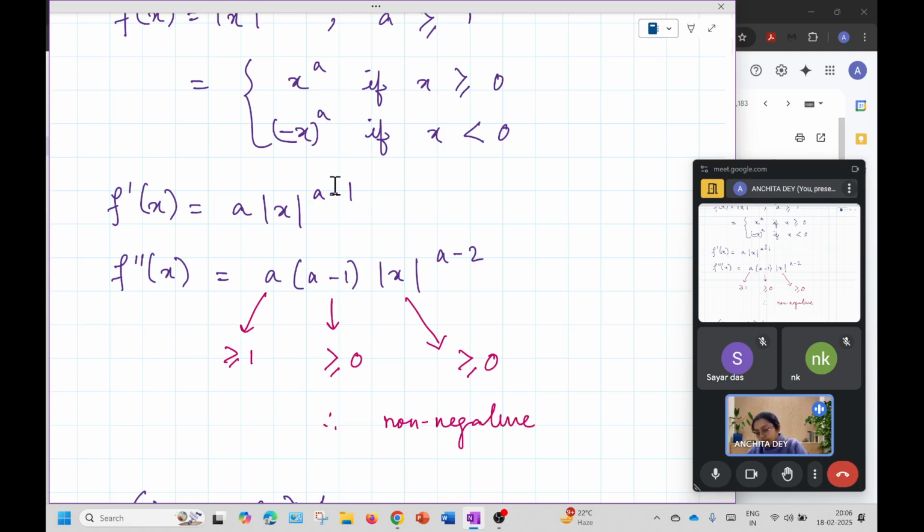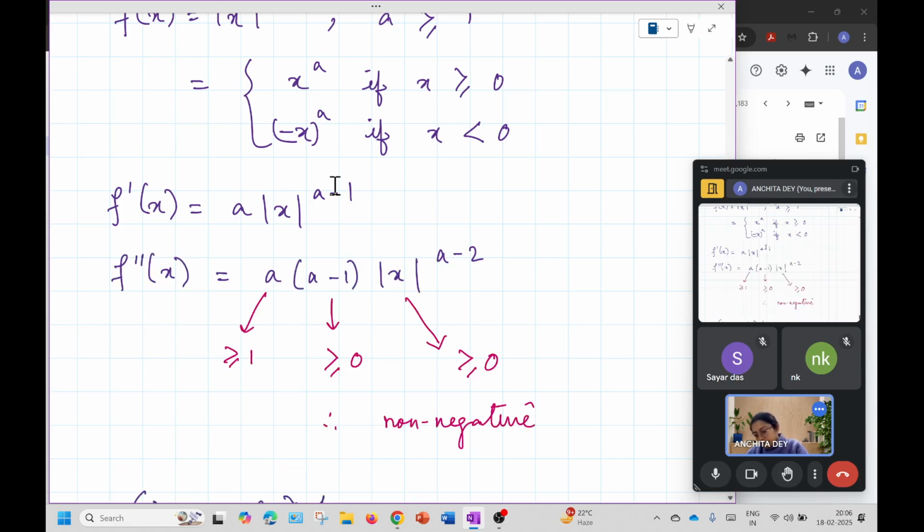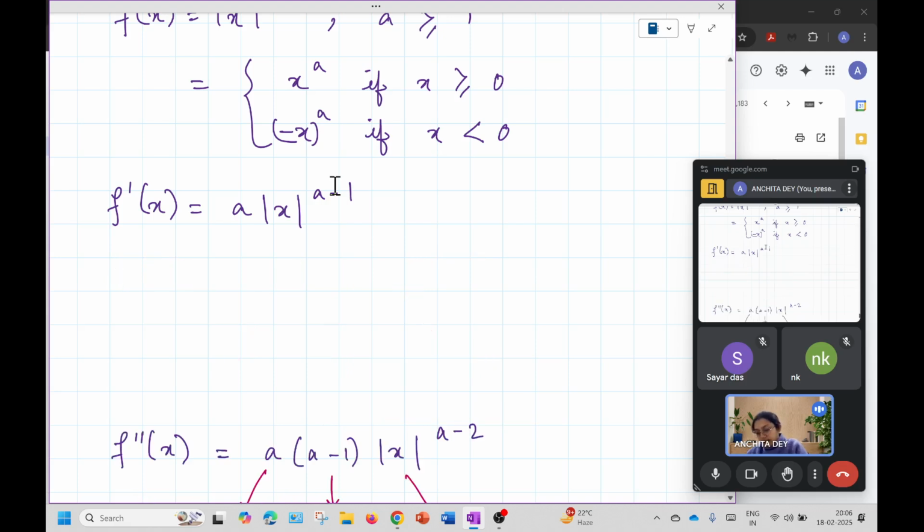And if you focus on a|x|^(a-1), then you have this to be greater than or equal to 1, and this to be greater than or equal to 0, which turns out that this would also be greater than or equal to 0.